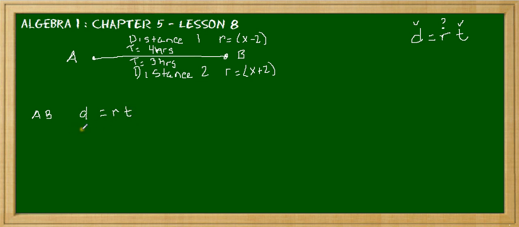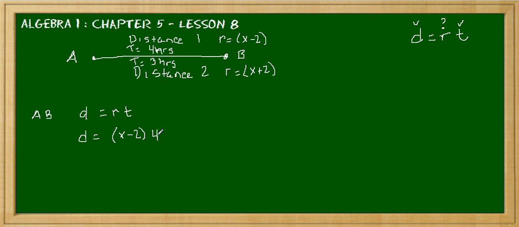And AB would have been, well, the distance, let's say we don't know the distance, so we're just going to leave it D. And we're going to say what we know is the rate, and the rate is x minus 2, is it not? X minus 2. So that's up here. And then we have time, and I decided that we'll do this in 4 hours, okay? I don't want to use 4 minutes and 20 seconds because it just creates a whole conversion issue, okay?